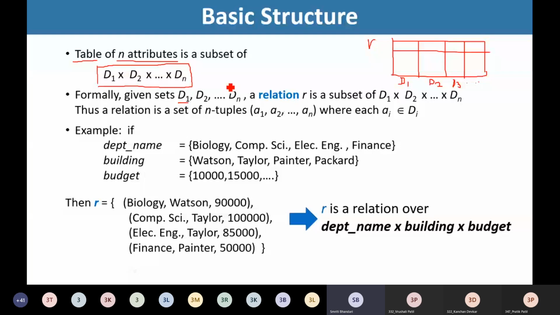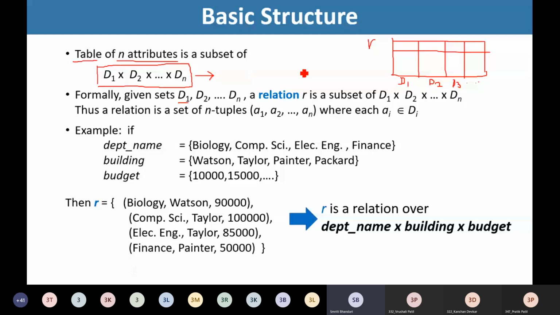What do I mean by that? The Cartesian product gives me a huge set having all the combinations of all the values belonging to all those domains.